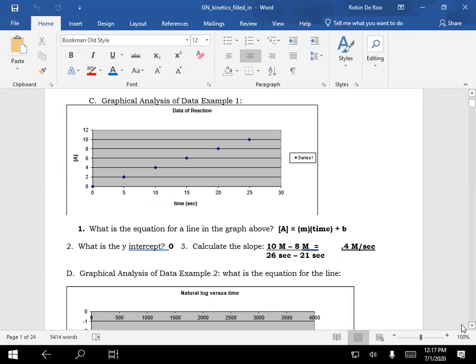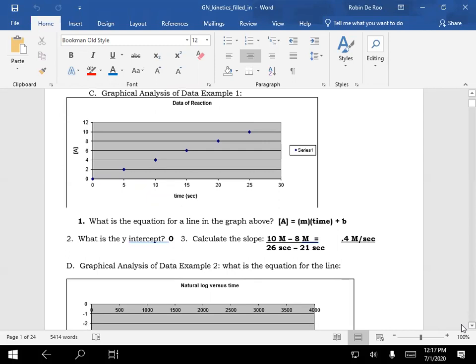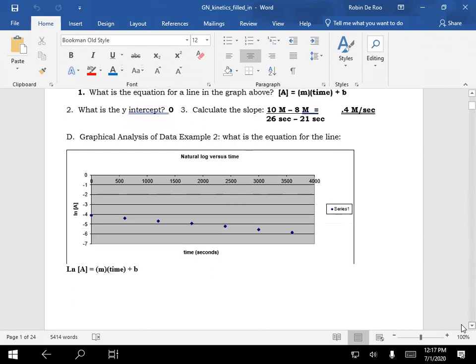Okay, let's look at another graph. This graph has time in seconds here, but if you notice in this case, we're taking the natural log of the concentration of A. We are going to be using natural logs, so you want to be able to do that on your calculator.